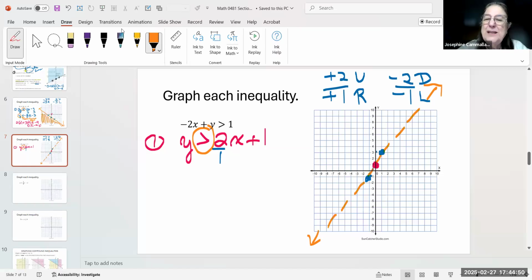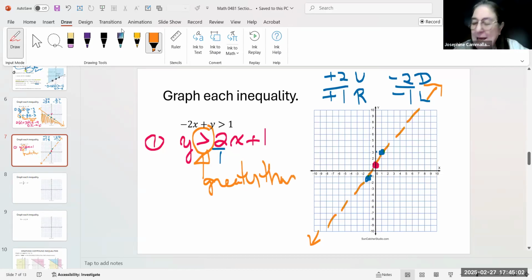Well, let's read it. Y, and this symbol says greater than the line. Well, let's look at this red dot. That red dot is 1. That's my y value.